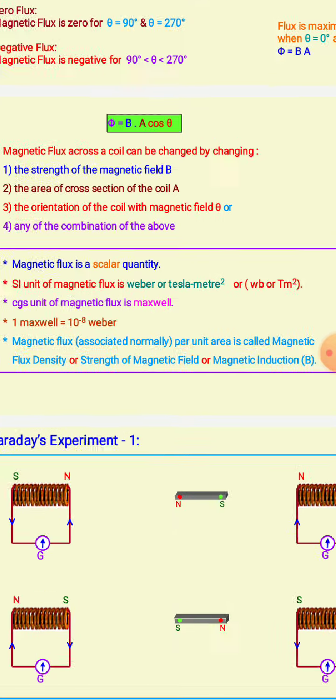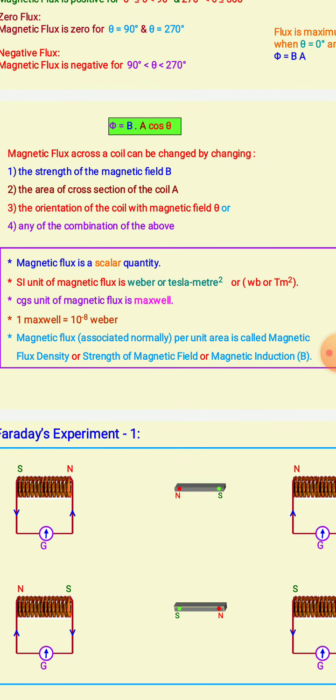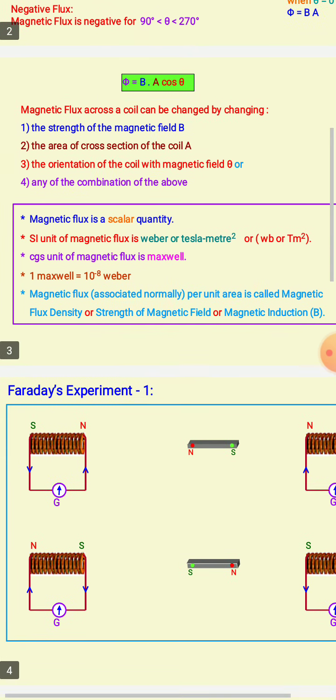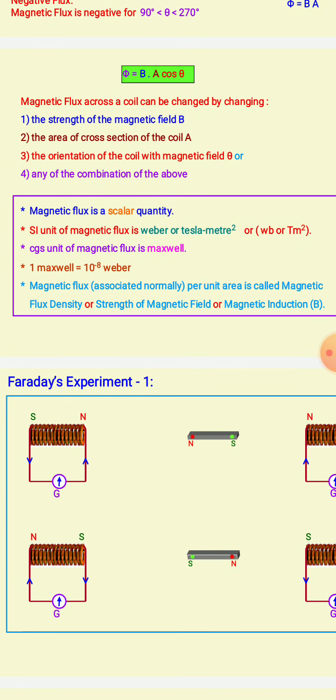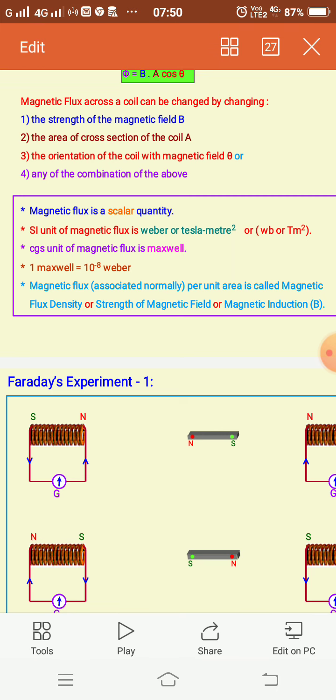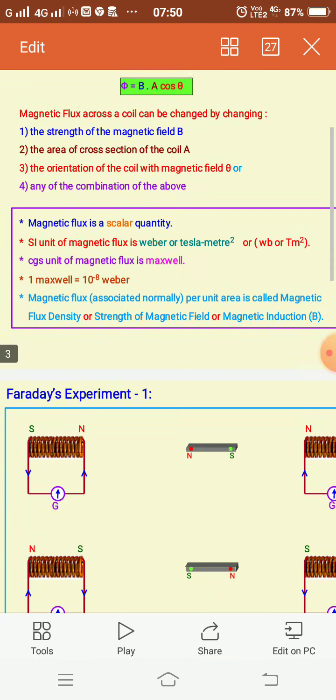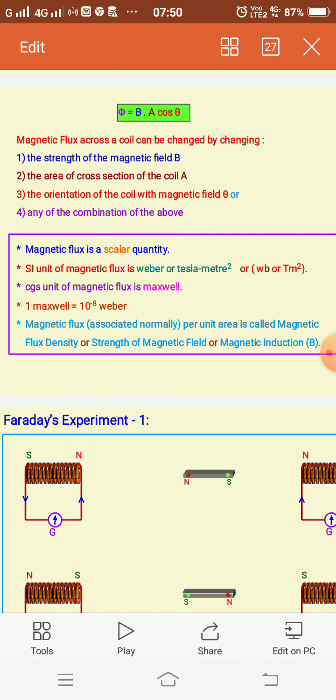Magnetic flux can be changed, number 1, by changing the strength of the magnetic field. Number 2, by changing the area of cross section of the coil, A. Number 3, by changing the orientation of the coil with respect to the magnetic field, or by changing any two or all three factors.